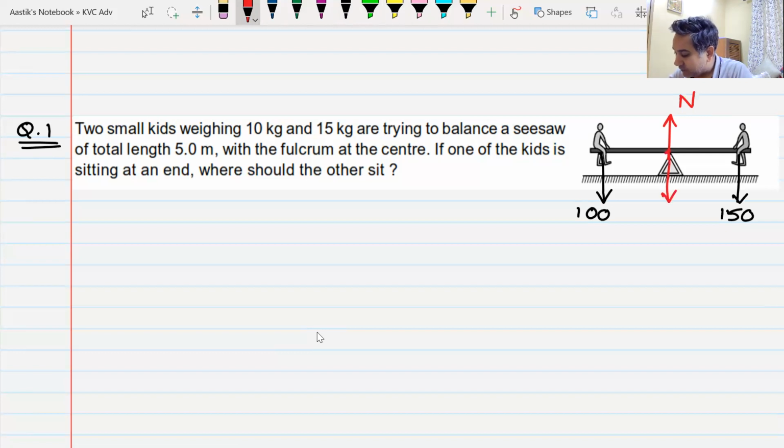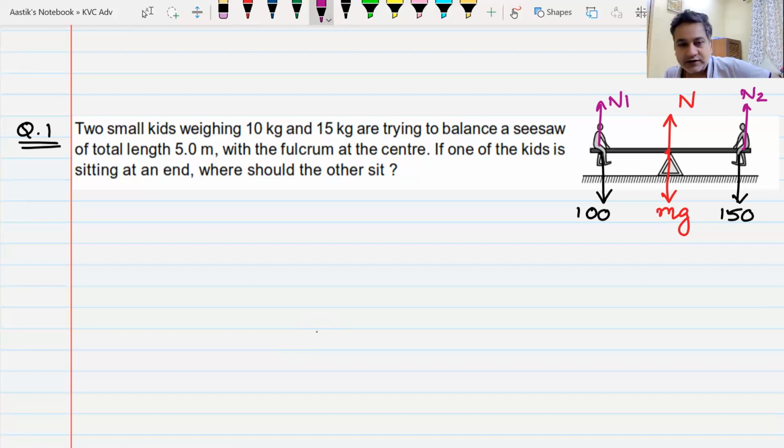One would be the weight of the fulcrum, mg. We don't know the mass. There are other forces as well: normal reaction N1 from here, normal reaction N2 from here. So many forces. How will you find out the equation?